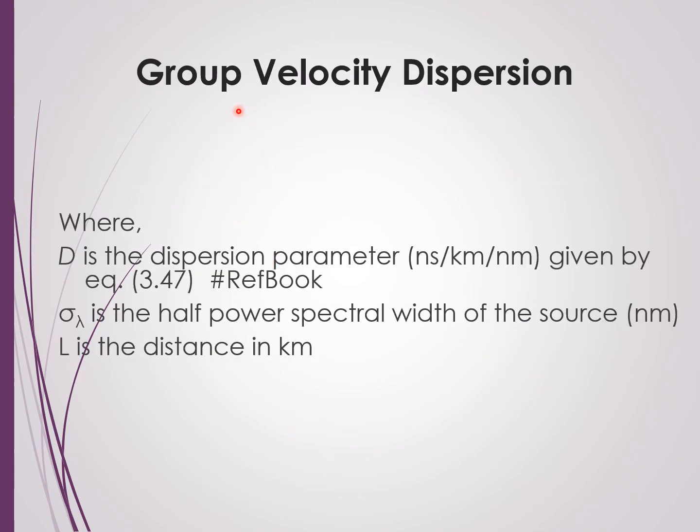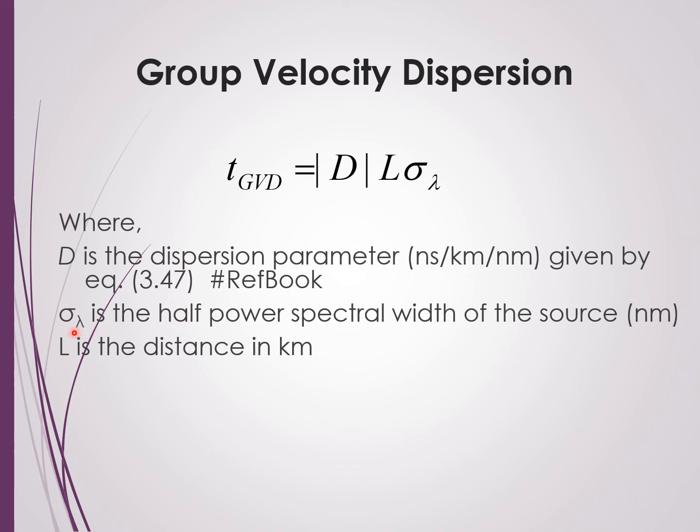Now let us look at group velocity dispersion. This is the formula: the rise time for group velocity dispersion is equal to D times L times sigma lambda. D is the dispersion parameter in nanoseconds per kilometer nanometer.